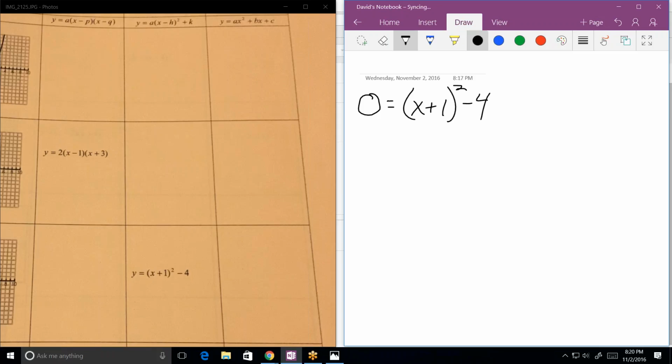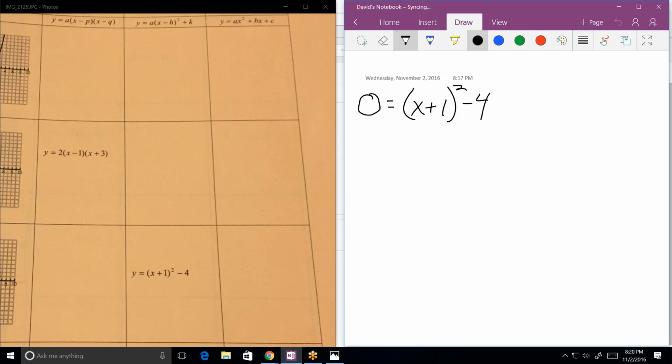Solve this equation and you're going to get two answers. Those are going to be two x-intercepts, and then we're going to put it into this format up here. We know a is 1 already because from the vertex format we know a is 1. So how do I solve that?